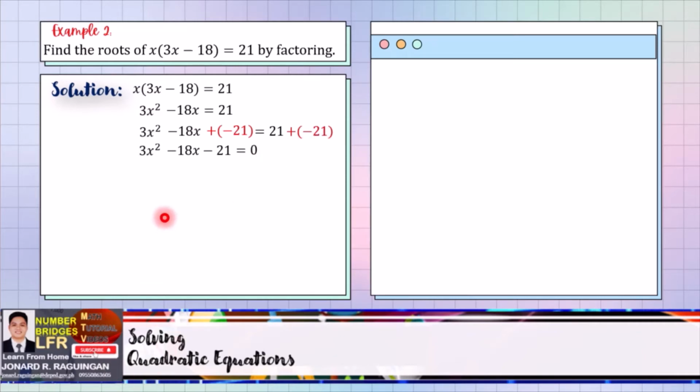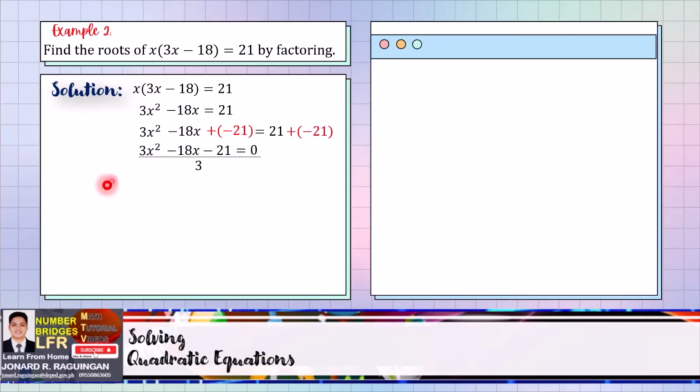Then, as you can observe, the numerical coefficients of the quadratic term, the linear term, and the constant term are divisible by 3. So in order for us to easily factor that, we are going to divide by 3.